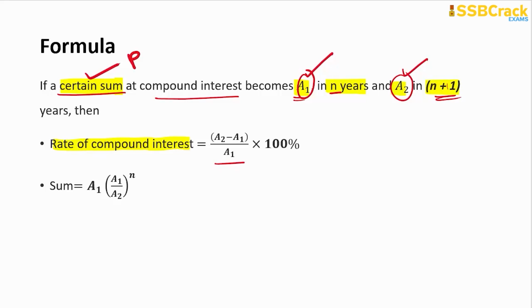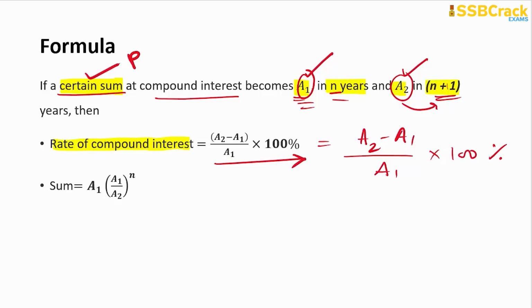This formula will help you easily get that rate of interest applied on the initial sum of money P, to get the amounts A1 in n years and A2 in n plus 1 years. It is a very simple formula you can easily remember: A2 minus A1 upon A1 multiplied by 100%.